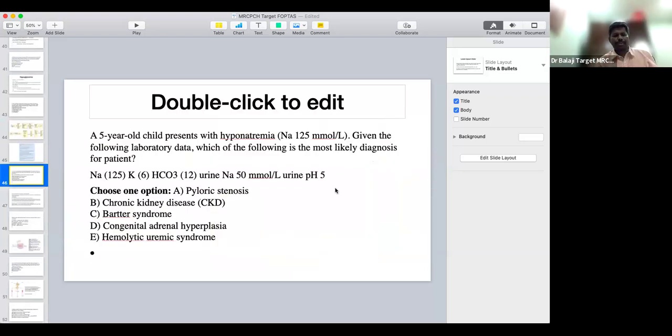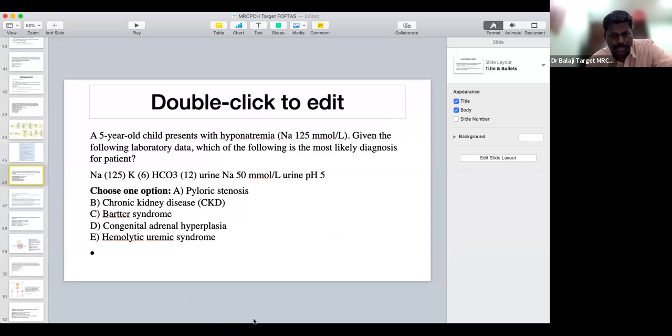Okay, so now moving on to the next question. It's a bit tricky. A 5-year-old child presents with hyponatremia, sodium 125. Given the following laboratory data, which of the following is the most likely diagnosis?